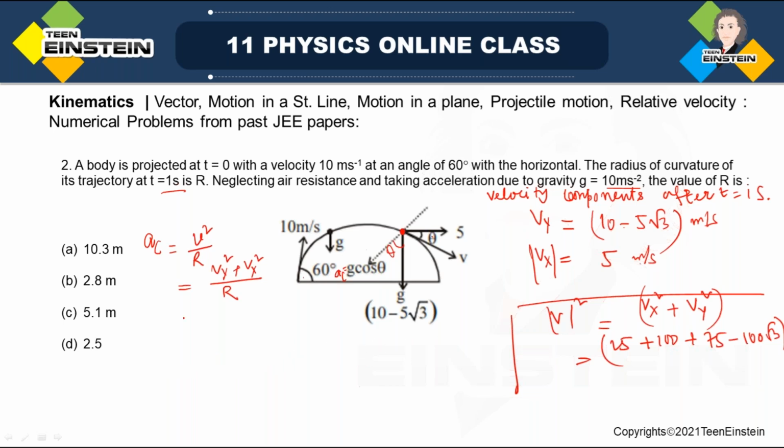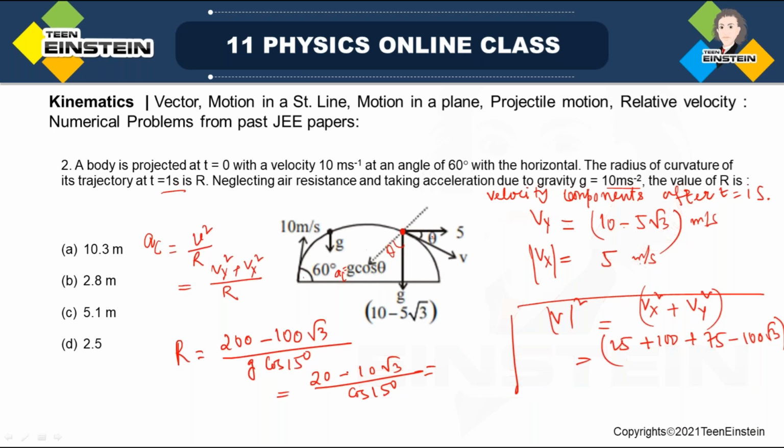So R is equal to v square, meaning 25 plus 100, so this will give 200 minus 100 root 3, divided by a, which is g cos of 15 degrees. g means 10, so you will get 20 minus 10 root 3 divided by cos of 15.